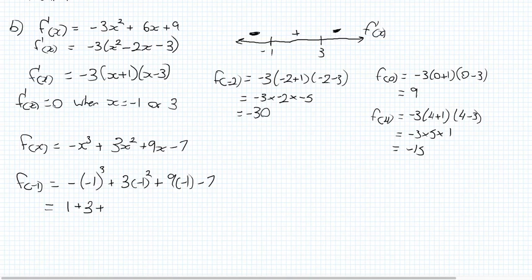Plus 9 times minus 1 is just minus 9, take 7. So 1 plus 3 is 4, take 9 is minus 5, take 7 is minus 13.